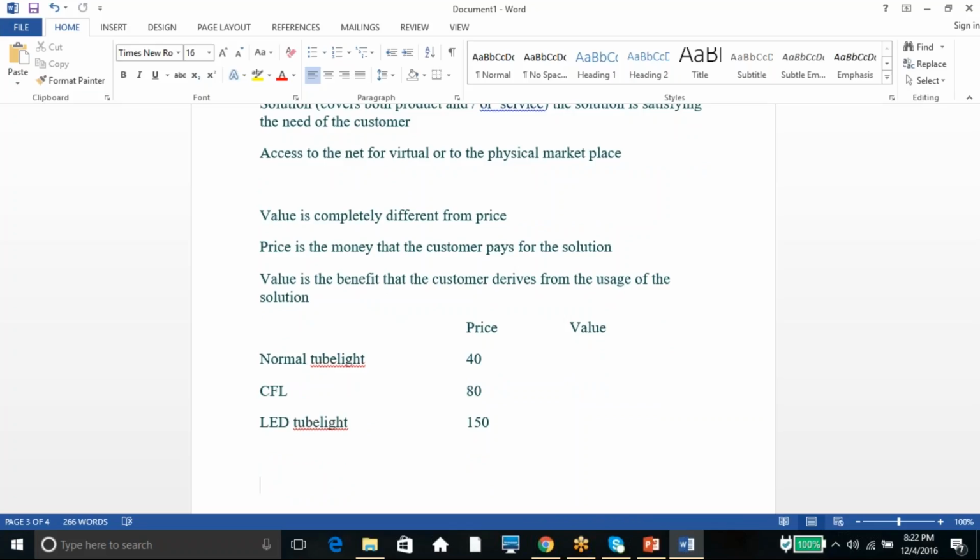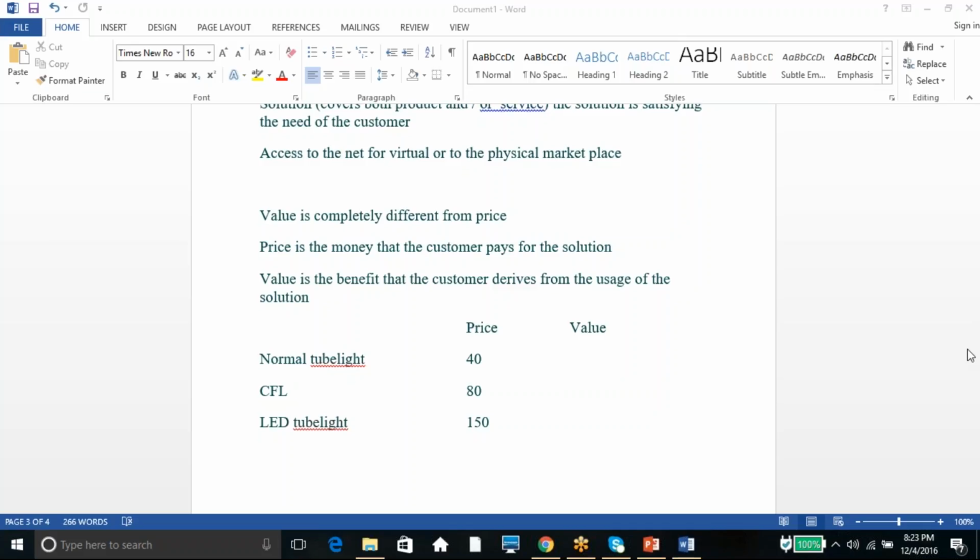Okay. If the decision has to be taken only on pricing, then 40 rupees is definitely better. The normal tube light is definitely the cheapest of all three.